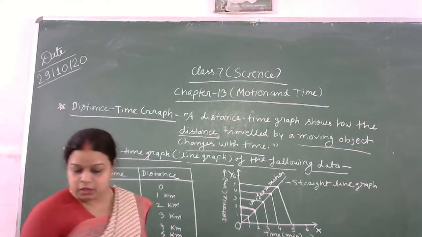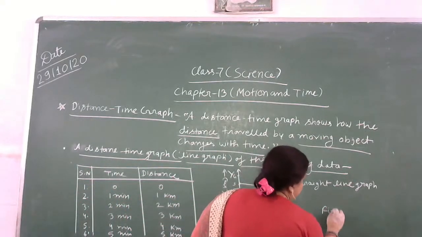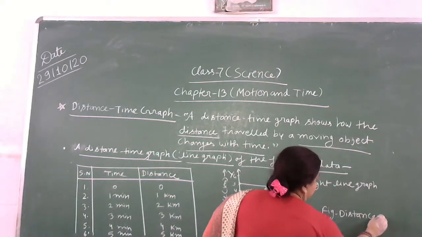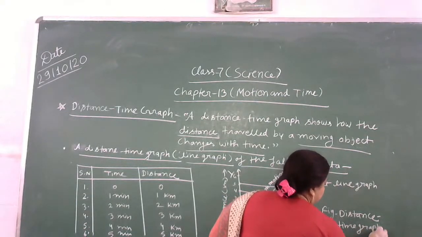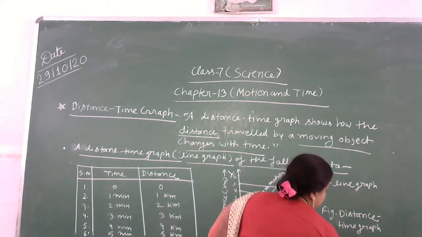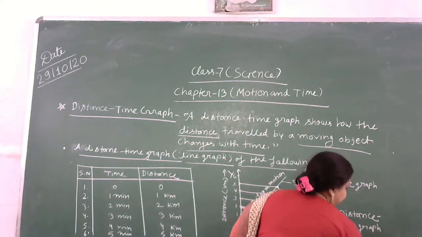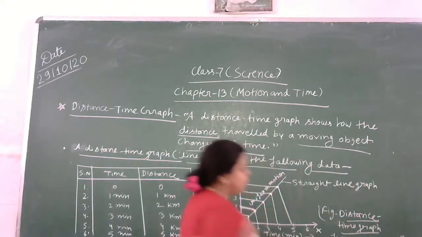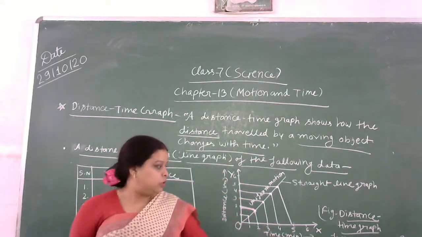Is that clear? This is a distance time graph for uniform motion.